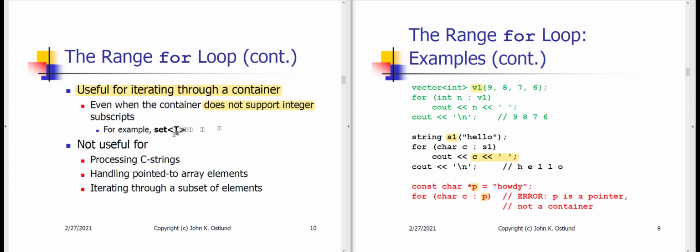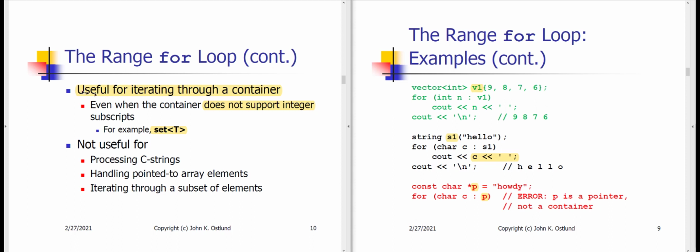But it turns out that the set, which we'll get into in detail later on, does not have integer subscripts. A set is an ordered collection of values, but they are not subscripted, and yet nevertheless you can use a range for loop to go through each of the items contained within a set.